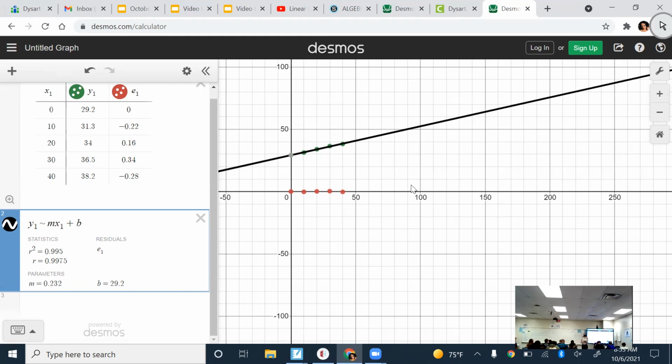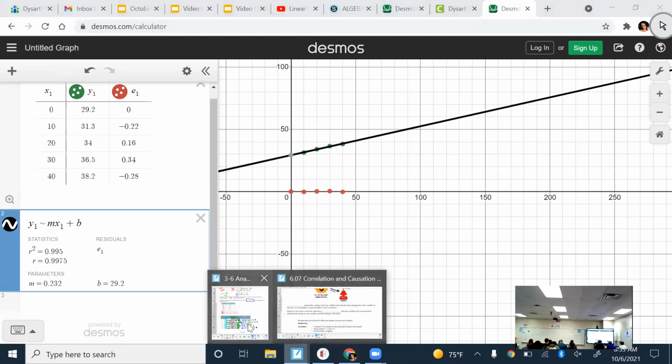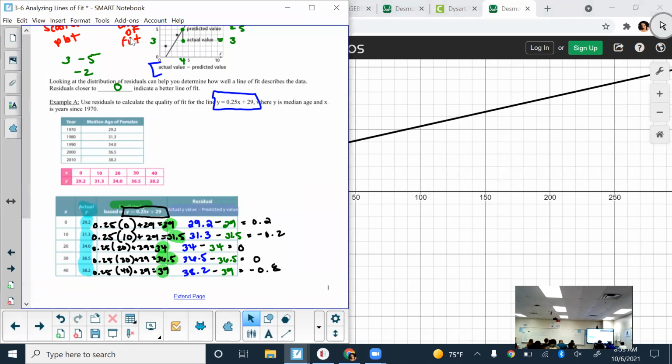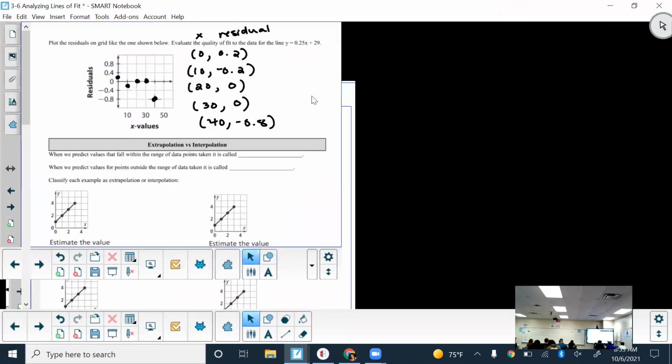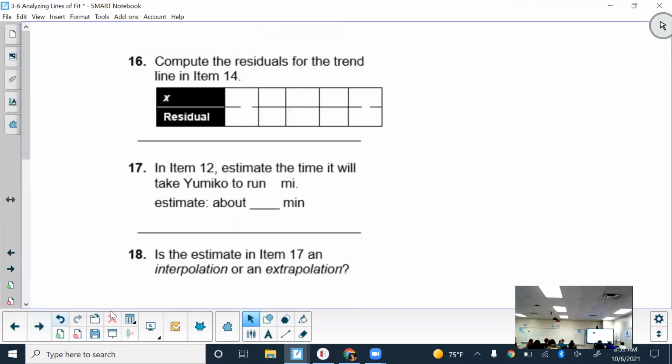All right, so that, and I'll show you, will help you answer a ton of questions on your test. So like I pulled up and I pasted it into the smartboard, some questions from your test. It's not on your paper or anything, it's just on my screen. And I also whited out some stuff so that you can't cheat, right?